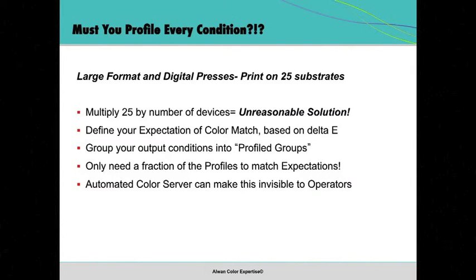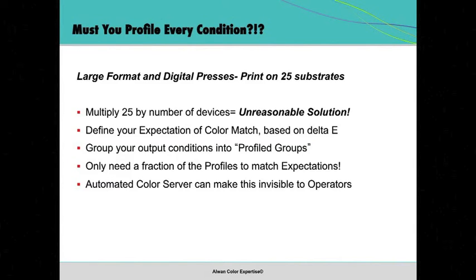Now, you might be asking, okay, I have multiple large format devices and digital presses and multiple substrates. In a typical scenario where I might have 4 different large format devices and I'm printing on 25 different substrates, that's 100 profiles that would have to be built to color manage that scenario.